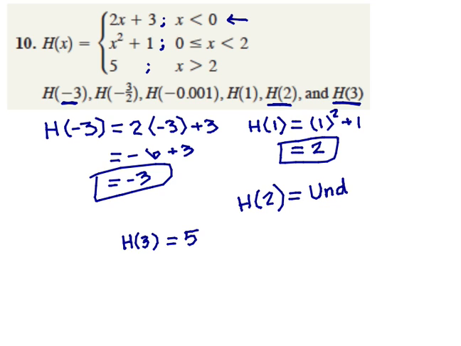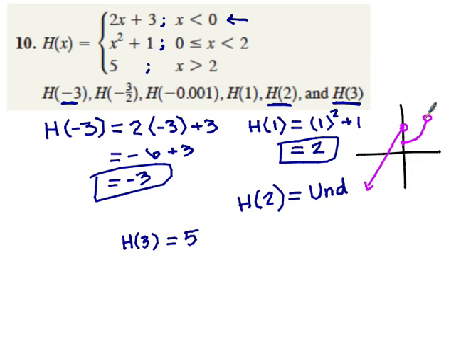Okay? And so if we thought about this graphically, and I'll show you how to graph these in a bit, we can see why this works out. You've got 2x plus 3 for all the stuff down here. So we've got some line, and that's forever. Does not include, so that's an open circle. We've got x squared plus 1, so it behaves like a parabola in this spot.